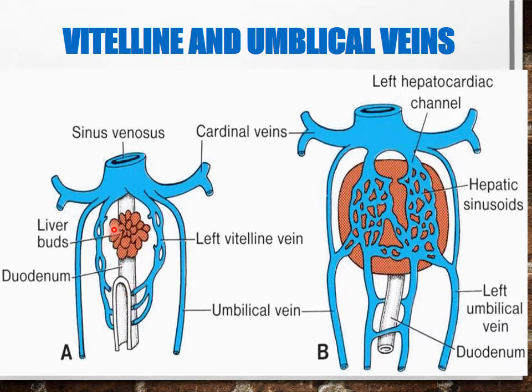They are going to pass into the septum transversum and split into the sinusoids. So here you can see they are giving rise to the hepatic sinusoids, and before they enter the right and left horns of the sinus venosus, they split into the hepatic sinusoids in the septum transversum.